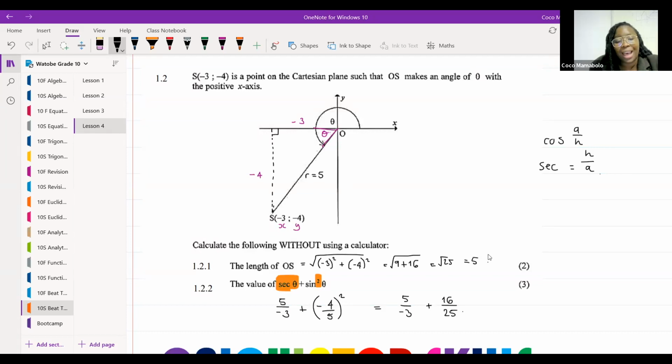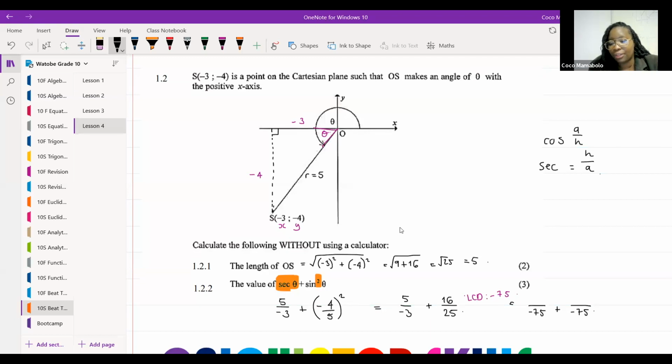And now, because I've got fractions, I know that I need to find an LCD. The LCD between -3 and 25 is -75. All right. So I then know that I need -75 everywhere. So -75 plus something over -75.